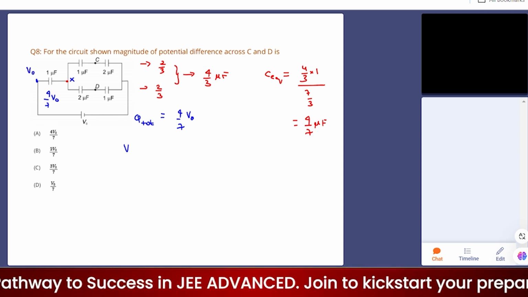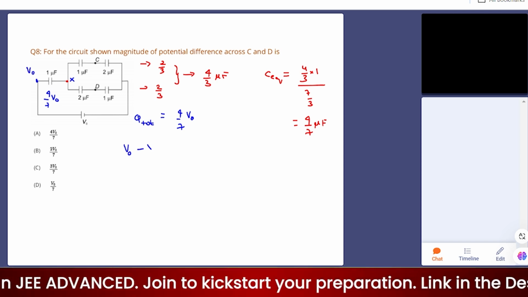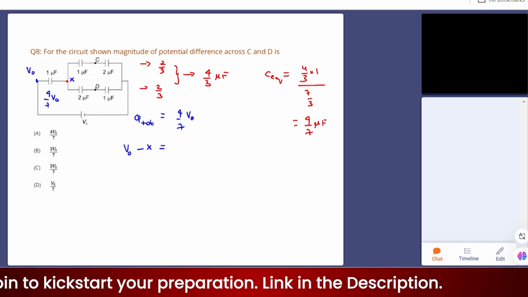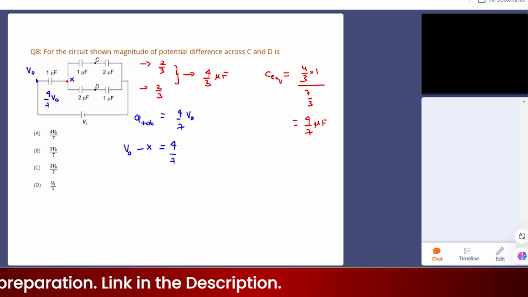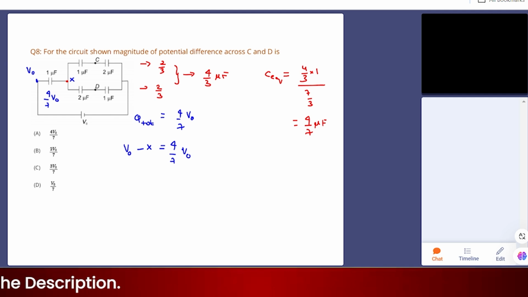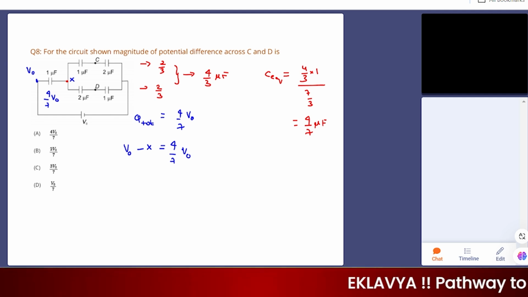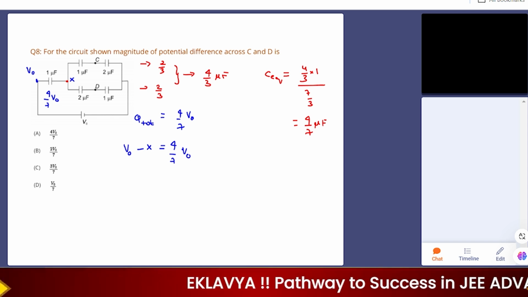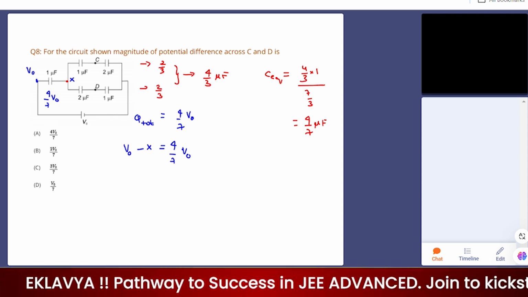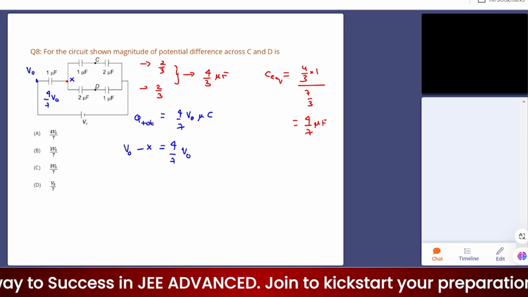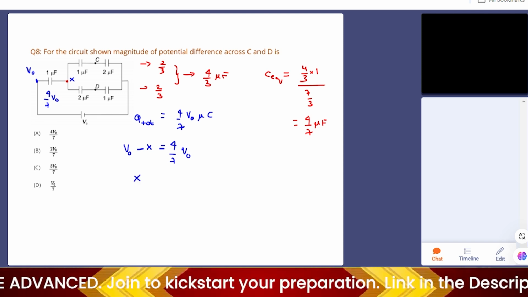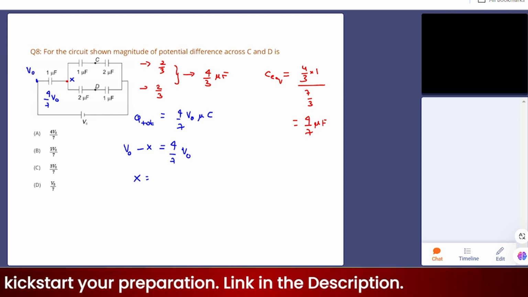Okay, so the potential drop across the 1 microfarad will be V naught minus X is equal to 4 by 7 V naught, because potential drop across this will be charge by its capacitance. Charge is 4 by 7 V naught, by capacitance is 1 microfarad. So it will become, this will be microcoulombs in this case, total 4 by 7 V naught. And thereby, what will be the value of X here?